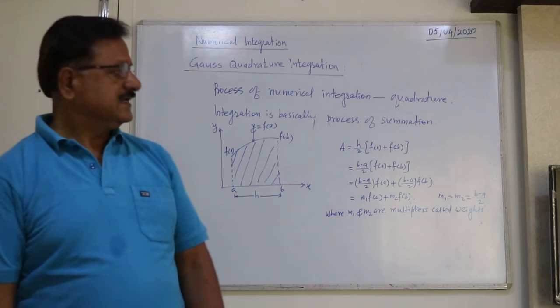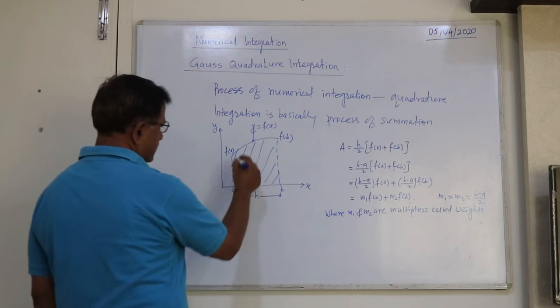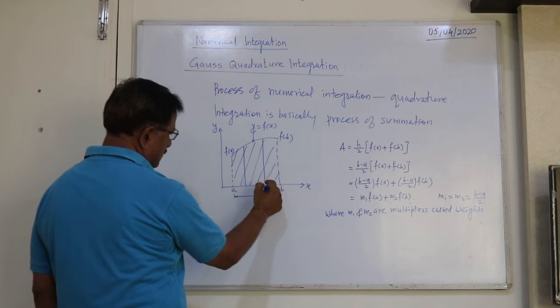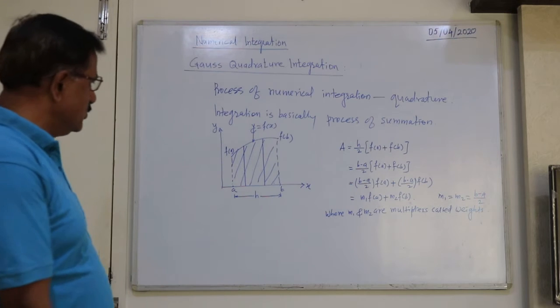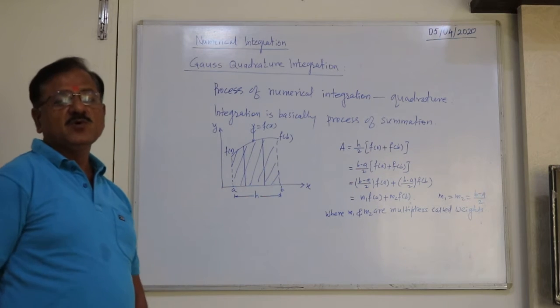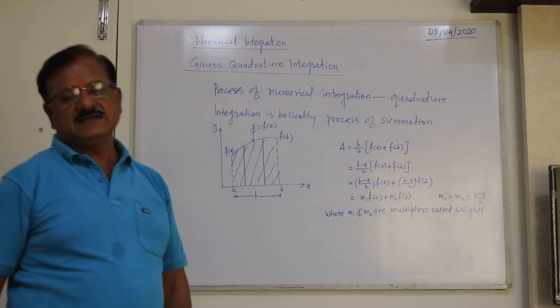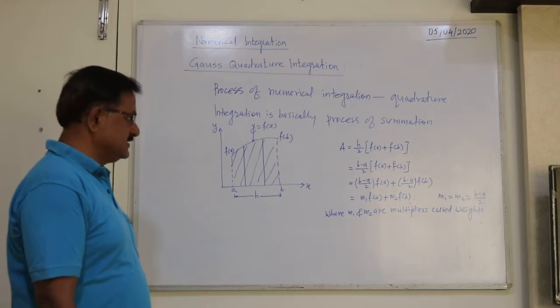Now in a similar way, if you want a more accurate area under the curve, then we have to subdivide this into more figures, and again by using the trapezoidal rule, we can find more accurate results. Since this is a numerical method, it gives us approximate but acceptable results.